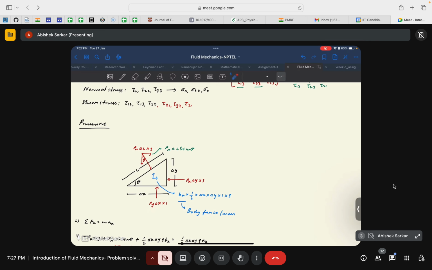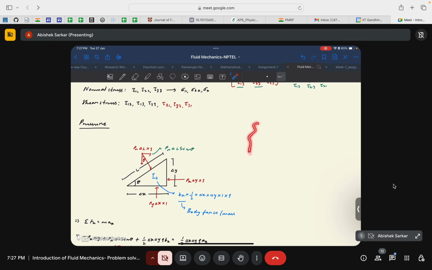Then to implement that and build upon it, we have to start with simple geometries and simple scenarios where these laws can be implemented. That's why we are using very generic shapes, where we can find the components easily.